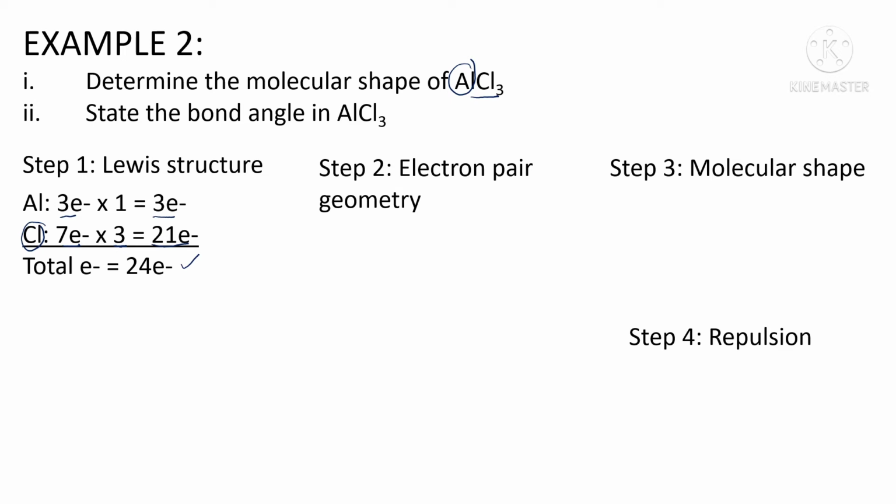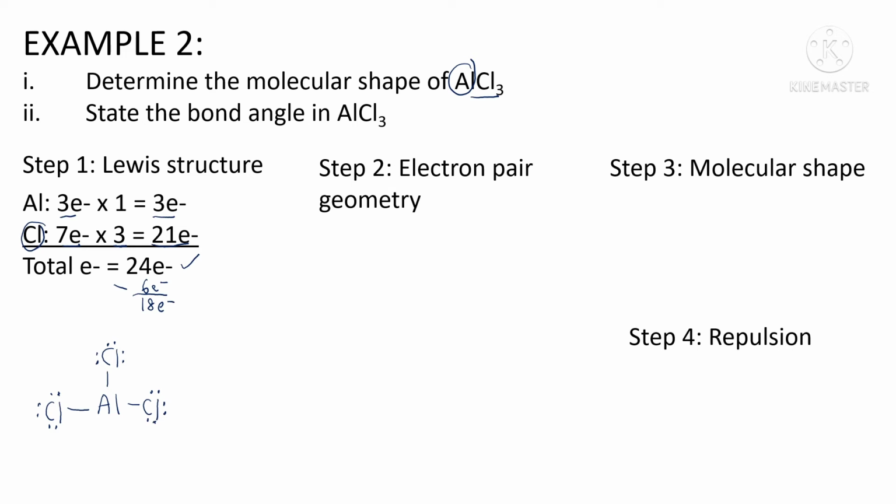Then we can draw the skeletal structure for aluminum chloride. Aluminum, being the less electronegative, will be the central atom, and the chlorine be the terminal atoms. By drawing the skeletal structure, we have drawn 6 electrons, and therefore 18 electrons remain. Then we want to make sure the terminal atoms obey the octet by putting another 6 electrons in for each chlorine atom to make the terminal atoms octet.